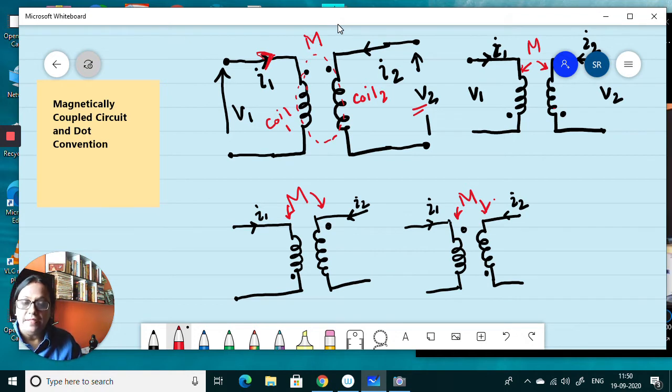The mutual inductance is a positive quantity, but the sign of the EMF induced by it depends on the direction of winding of the coil.